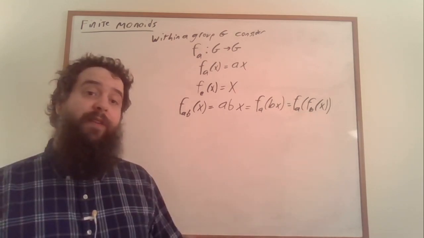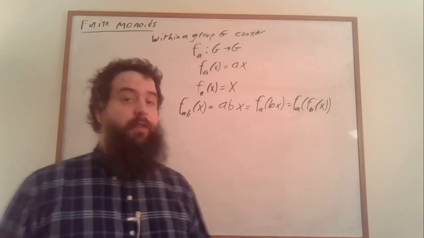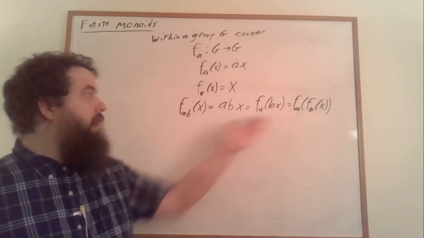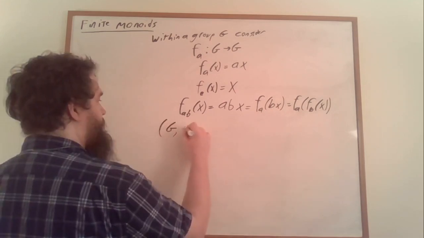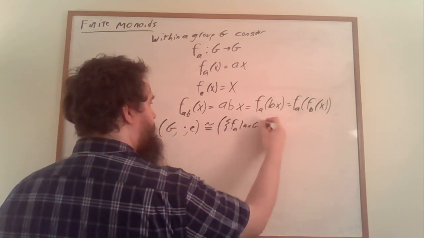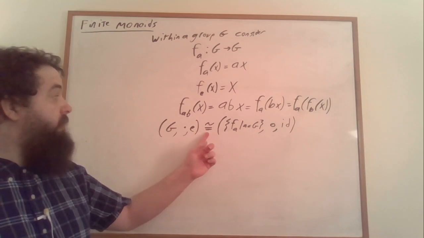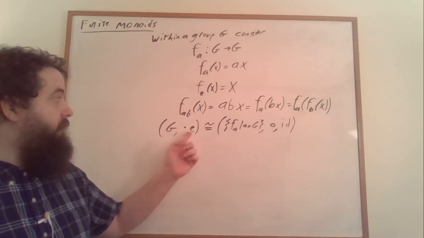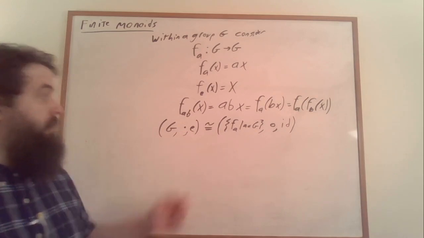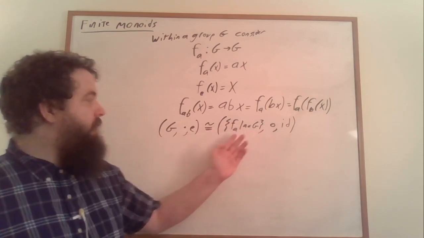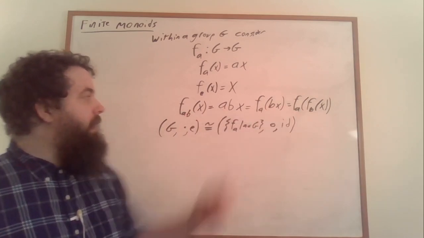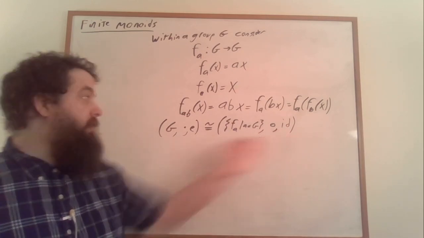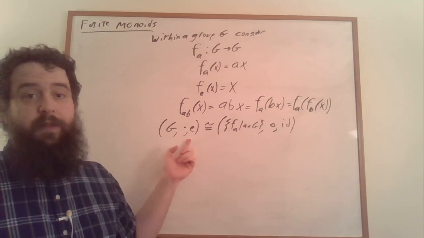So what we have here is actually an isomorphism between our group and some collection of functions acting on the group. There's an isomorphism between our group with its notion of multiplication and its identity element, and the set of all functions that we wind up getting in this way under composition with the identity function corresponding to the identity element of the group.